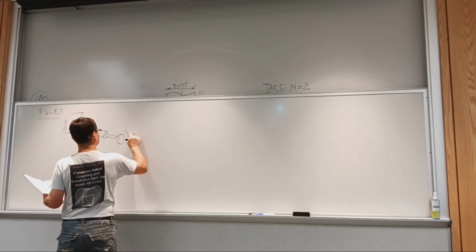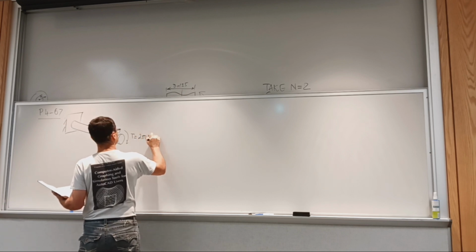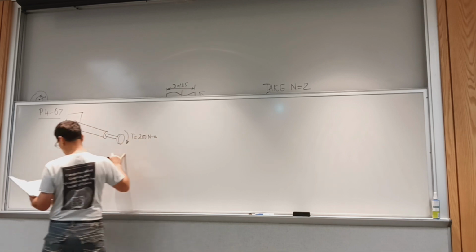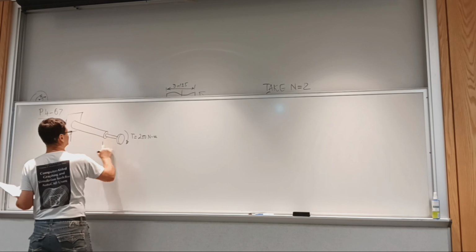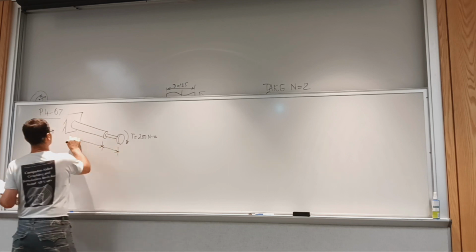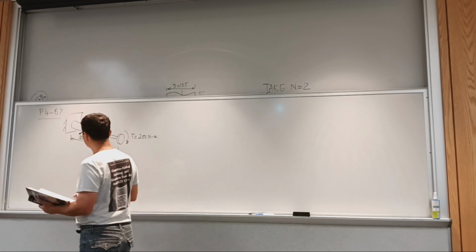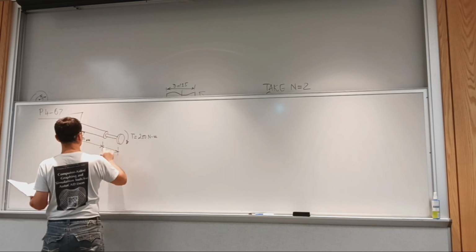So we have a torque T of 200 Newton meters. This is the fixed end, and we have the corresponding lengths given. One I said is 1200 millimeters. The other one is 400 millimeters.